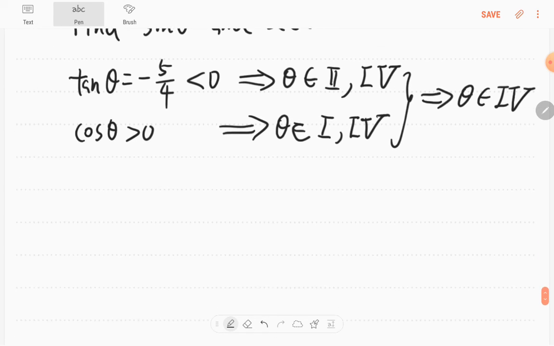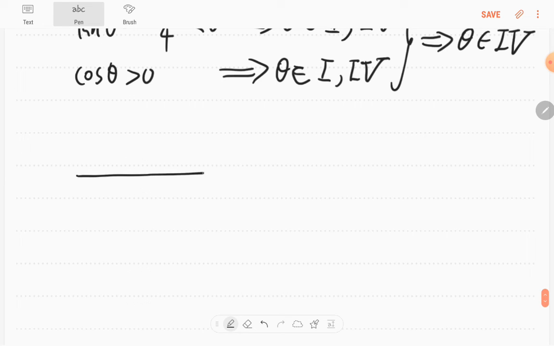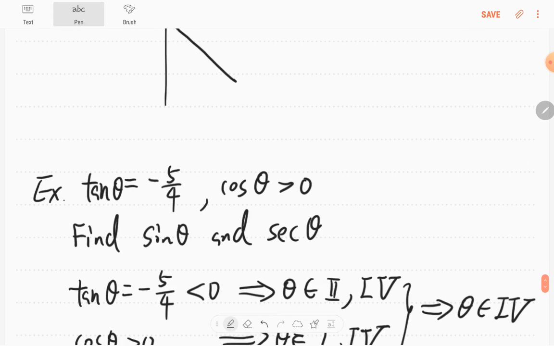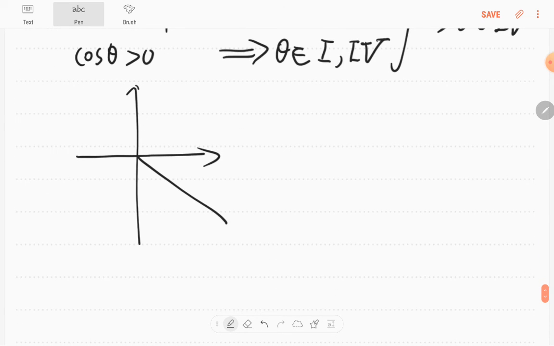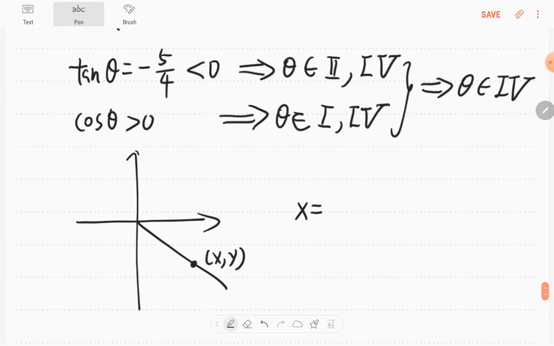So the terminal side is here, and the tangent is equal to negative 5 over 4. So we pick a point x, y. In this quadrant, x is always positive, right? So we have two choices, the easiest being negative 5 and 4, or 5 and negative 4.